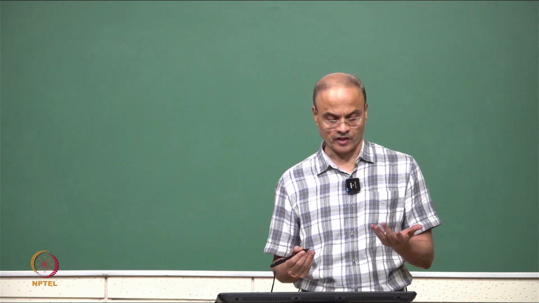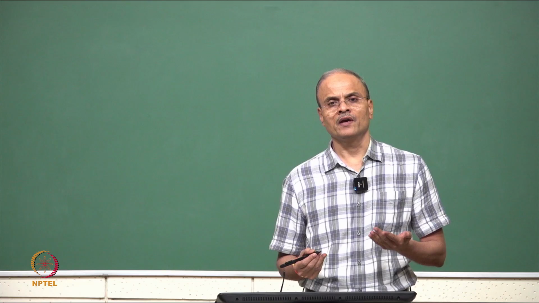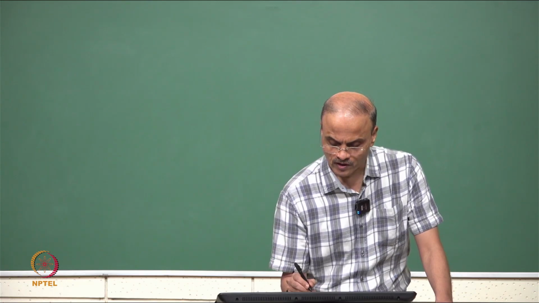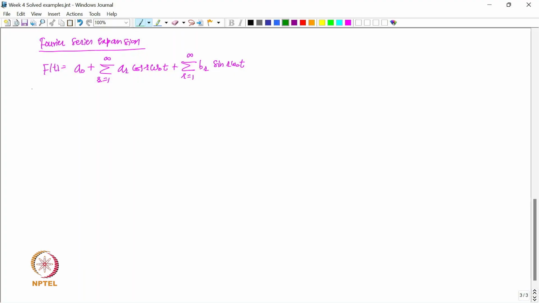So, now how do you find a naught? Of course, before that we will have to first express f of t as a function of time. Let us do that first. We can see from the figure, let me again draw that figure here, f of t.